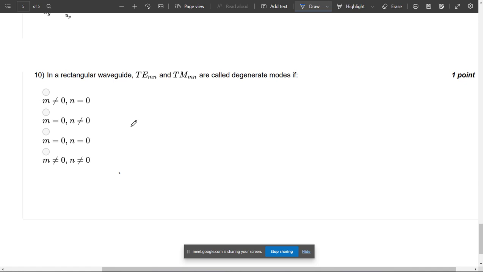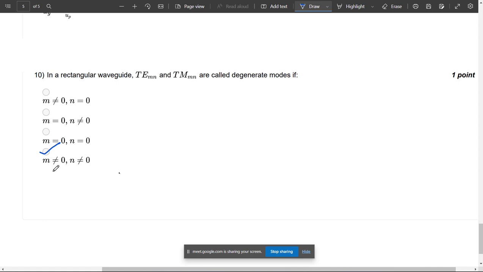Sometimes it's possible that for different modes the cutoff frequency is the same. So those modes where the cutoff frequency is the same but which have different field configurations are known as degenerate modes. To get degenerate modes, m and n should not be equal to 0.